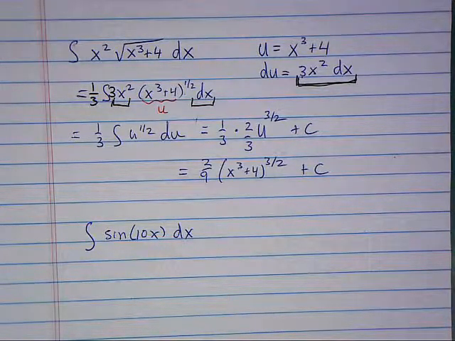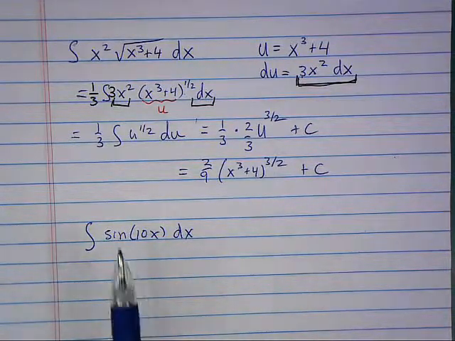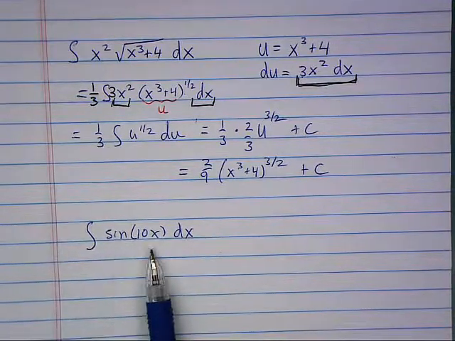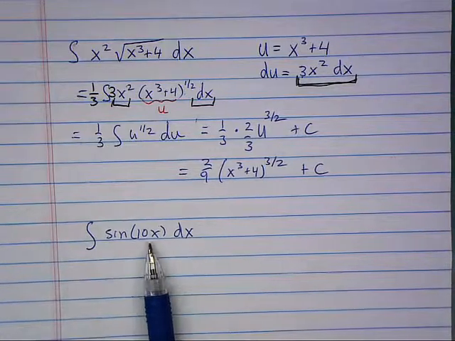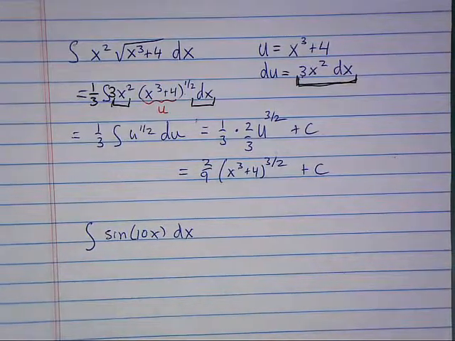What tells me I should use u substitution? The 10x inside of the sine. I know the antiderivative of sine x. I don't know the antiderivative of sine of anything else. The only thing I know is sine x. Can't have other things there. So, even though there's not multiplication, this is still a u substitution problem.